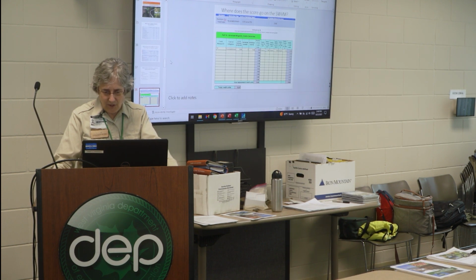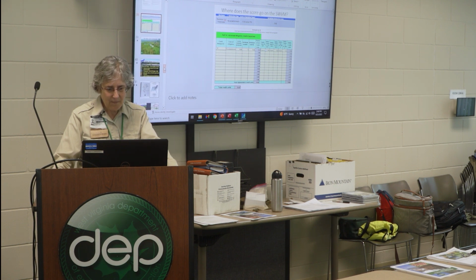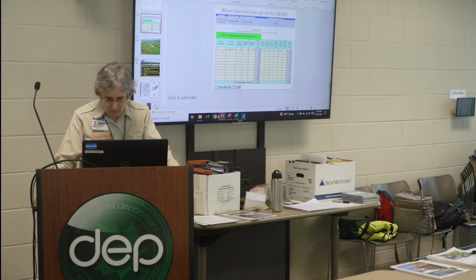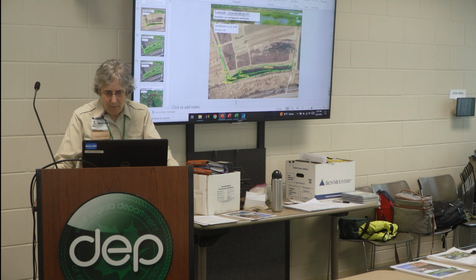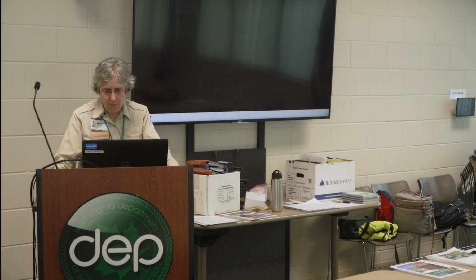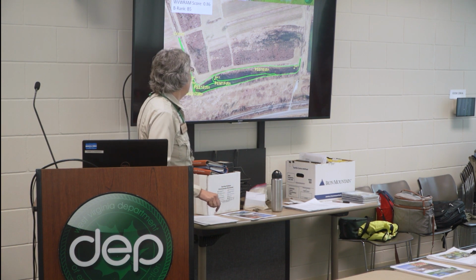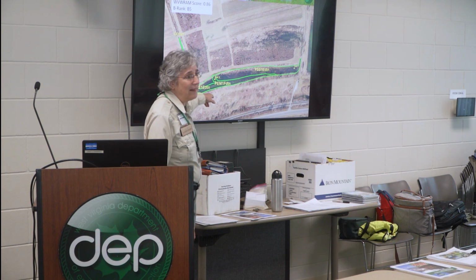So we've already looked at where the score goes on the SWVM. And I think what I'd like to do is do maybe one more example here, possibly two. This is an in-lieu fee site at Green Bottom, and these are existing wetlands.